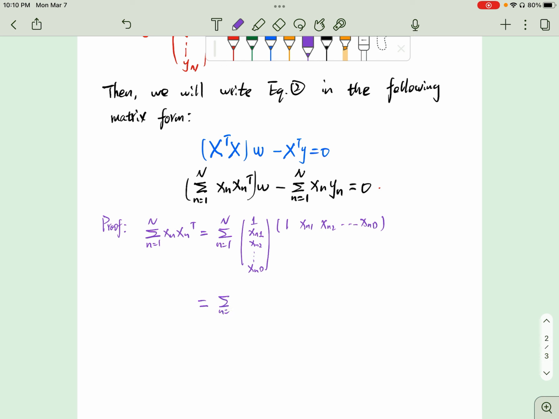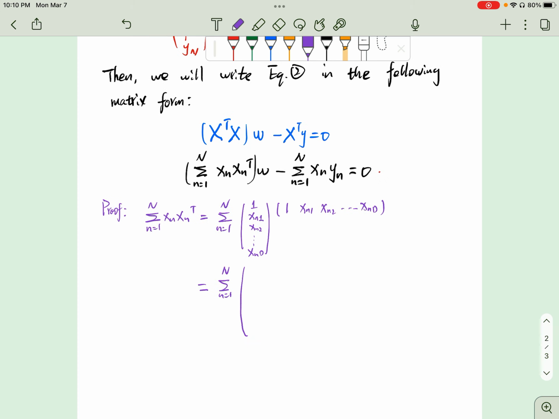And the summation is the same. The matrix will be like this. It's a simple matrix calculation. So the first row is 1, xn1, xn2, xnd. And the second row is xn1, xn1 squared, xn1 xn2, and xn1 xnd.